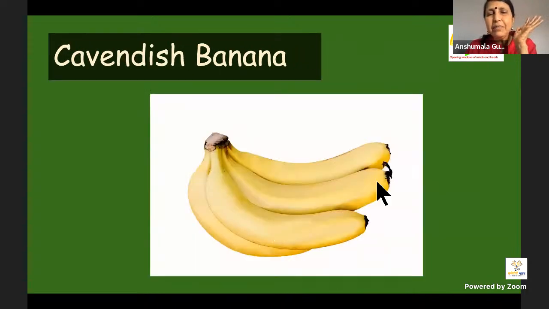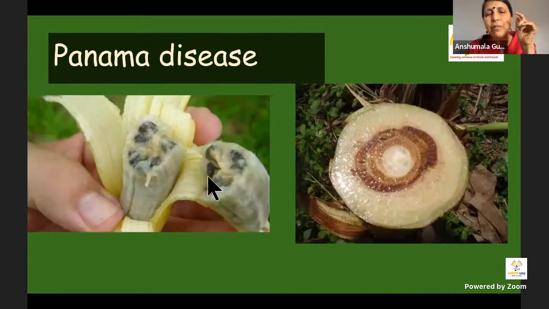And exactly the same thing is happening to the banana which is currently being grown across the world, the Cavendish banana. Again, sweet, again, a very popular variety, but it is now under attack from Panama disease. Panama disease does this to banana: the fruit gets blackened from inside, the stem gets blackened from inside, and eventually rots.